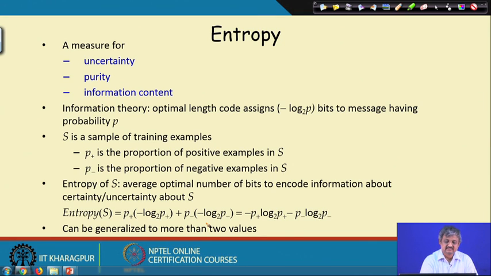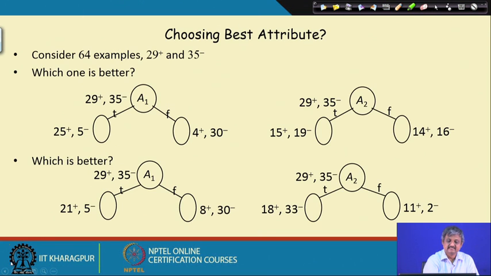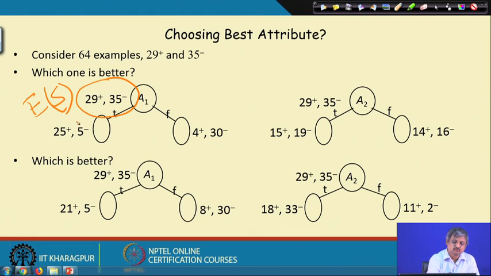Suppose this is the entropy of S. Now what I can do is the following. For this split, this is my training set S, and I can find its entropy; let me call it E S. It splits into 2 children.